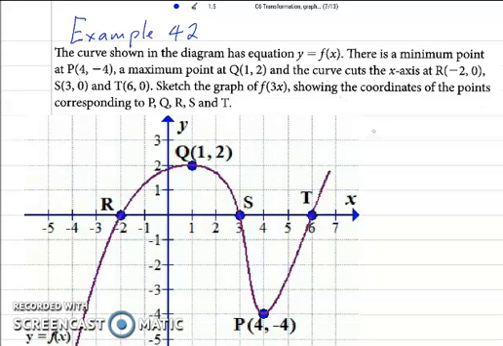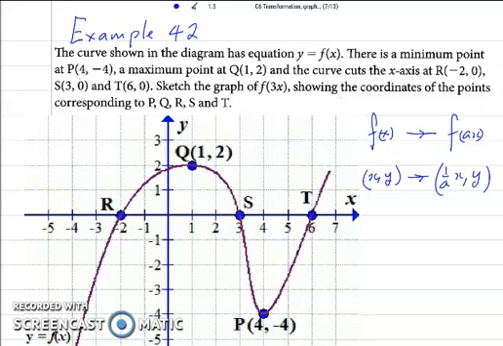First of all, we have to understand that this is a horizontal stretch of a factor 1 over 3. Now, the theory says that you can get the graph of f of ax from the graph of f of x, such that any point (x, y) on f of x will map to the point (1/a x, y) on f of ax.